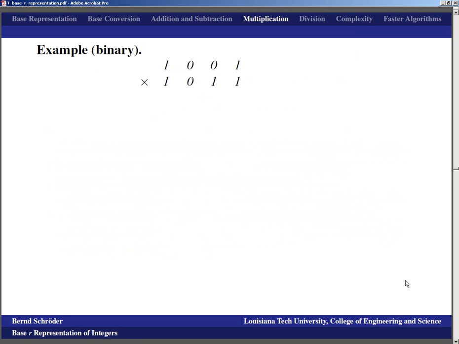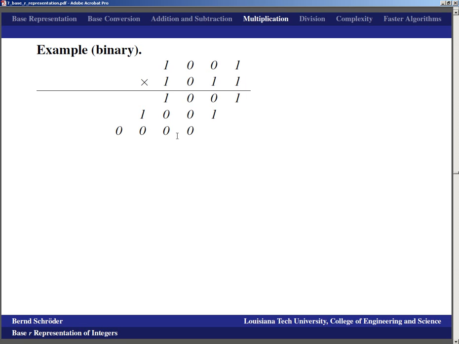As an example in binary, take the number 1001 and multiply it with 1011. Well, then, of course, 1 times 1001 is 1001. Then you multiply 1 times 1001 in the next place, so it's just the regular shift that we also know from the regular multiplication algorithm in base 10.